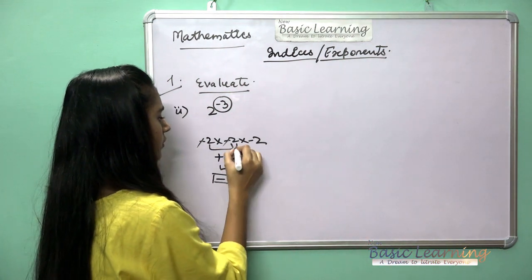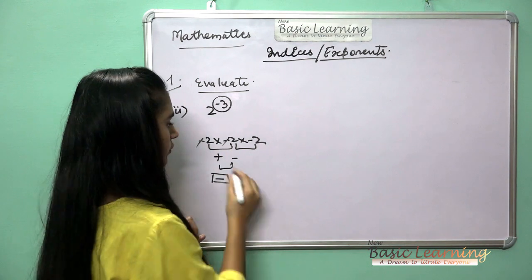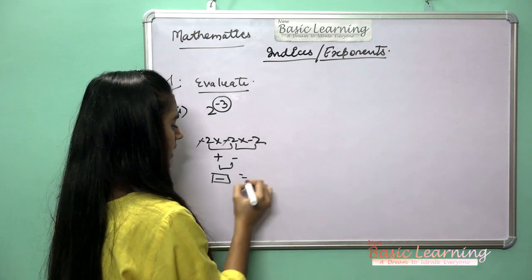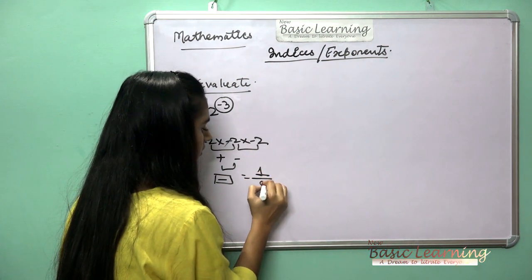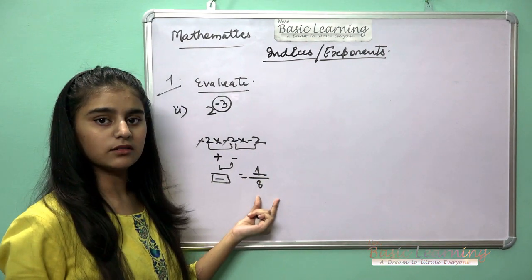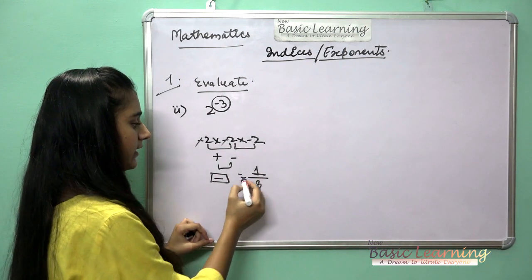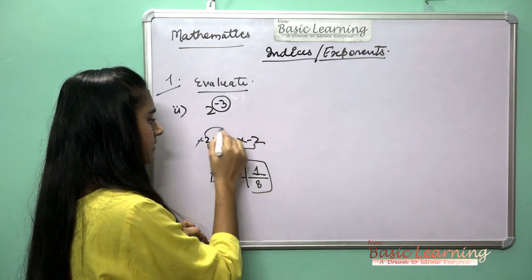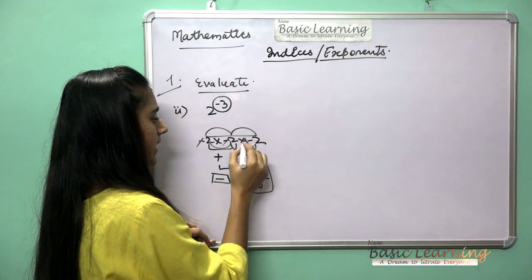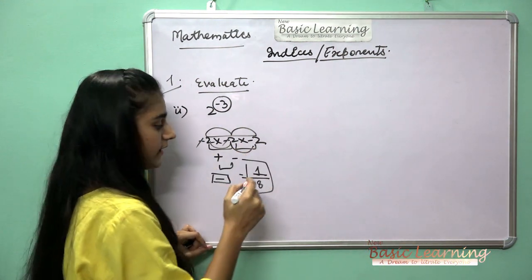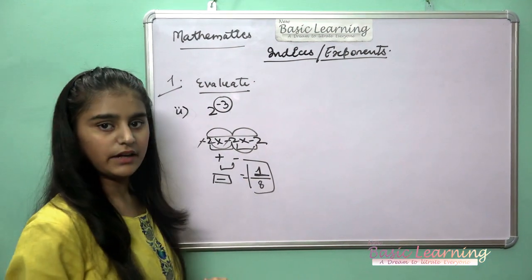So 2 into 2 is 4, 4 into 2 is 8. So the minus will be in the reciprocal, that is 1 upon 8. We have calculated 2 into 2 is 4, 4 into 2 is 8, and the minus is in the reciprocal, that is 1 upon 8.